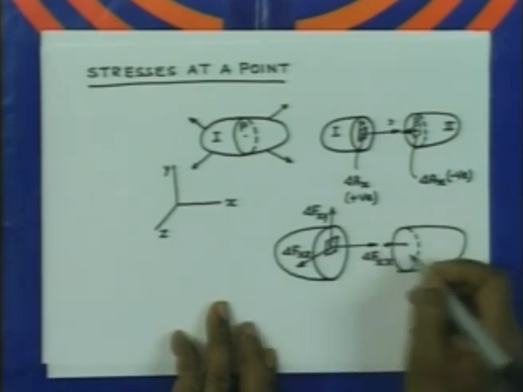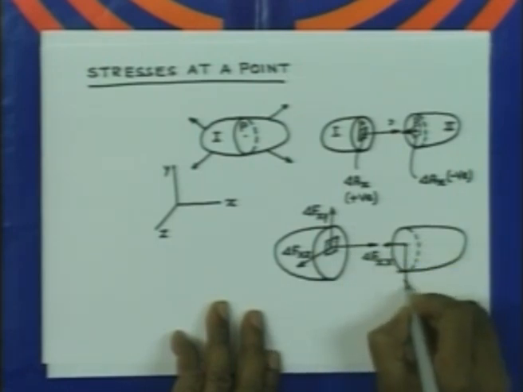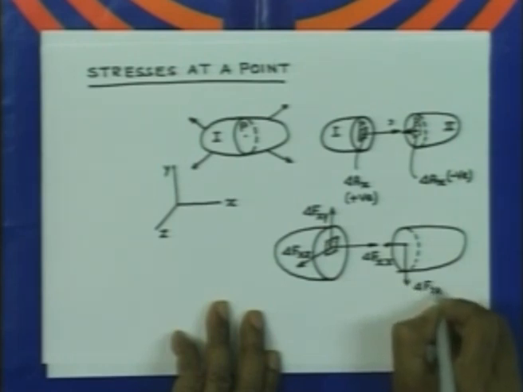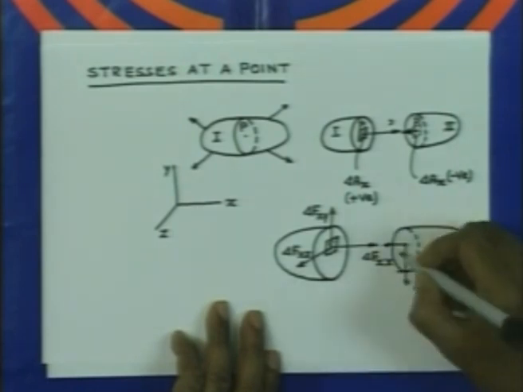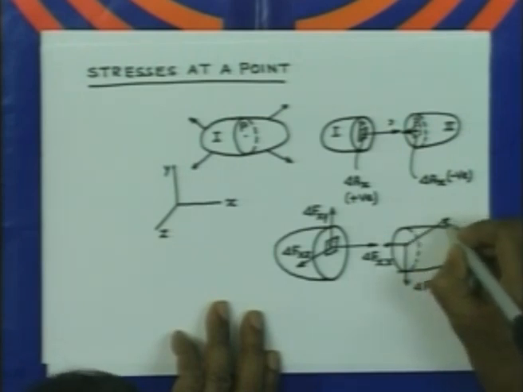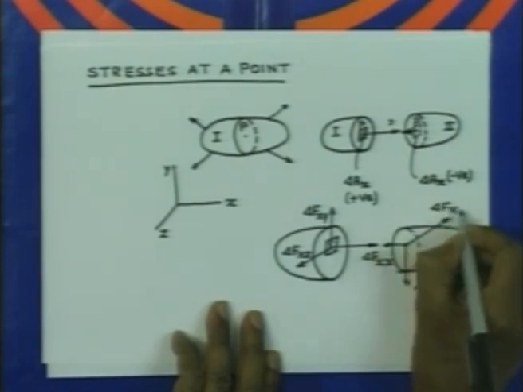It will be directed in the negative x direction, and this component will be delta Fxx, delta Fxy is again directed in the negative direction, and the z component is going to be like this, that is delta Fxz.